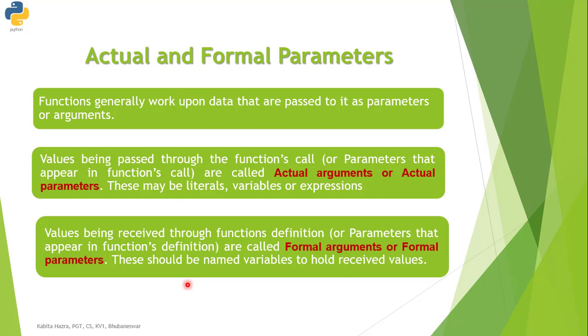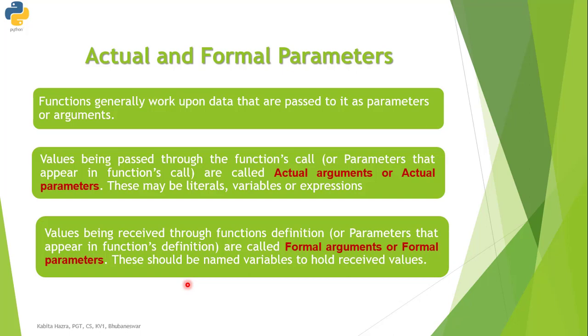Now let us discuss the different types of parameters. As we have seen, a function may or may not have parameters. So what are parameters? Parameters are the input data required by a function to do the task for which it is being defined.